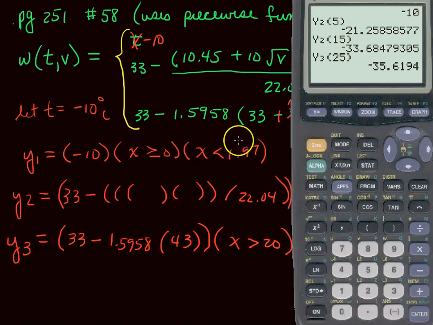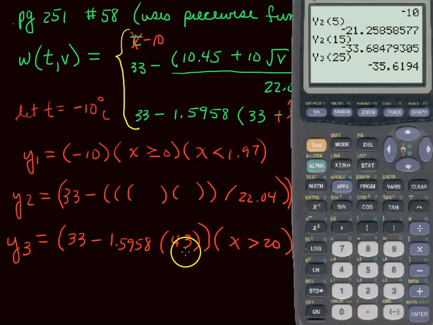So that's part E. Part F, explain the physical meaning of the equation corresponding to greater than 20. That's this third one. Once it gets greater than 20, then the velocity, again, plays no part. It's always the 1.5958. Instead of all this extra stuff divided by 22.04, you just have this 1.5958 times the 43.